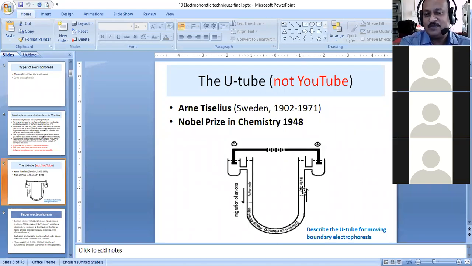Do you get what I'm saying? The negatively charged sample components are going to stay near the positive electrode. They will not move towards the negative electrode. And if they are not moving to the negative electrode, there is a possibility that they may not cross the path of the camera. The camera may not see them, isn't it?